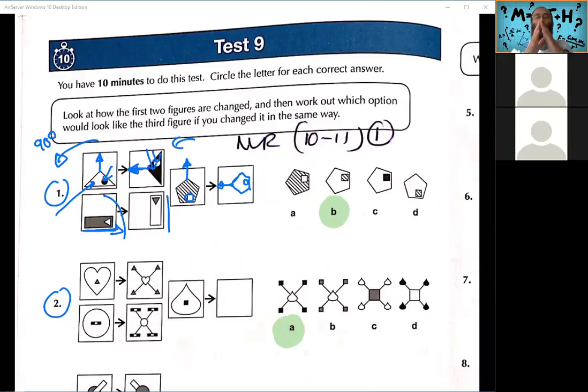The checkered bit, or the bit that's got lines on it, becomes white, and the white bit has lines on it. That matches exactly. So that's why B is the answer.